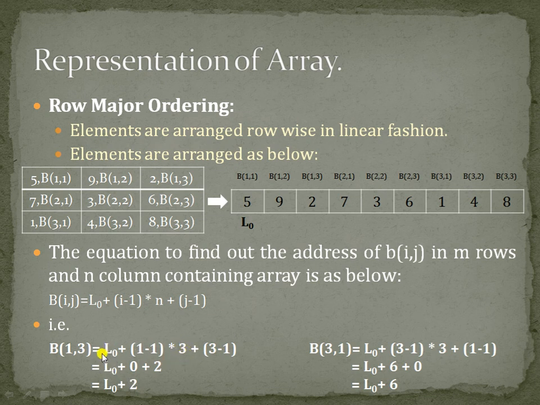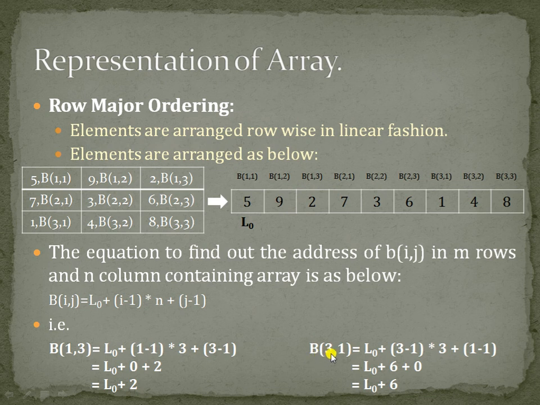So using this equation, B13 is stored at L0 plus 2. L0 is the address of element 5, and if I move 2 elements from this address, 1 and 2, I get the address of B13, as you can see over here.